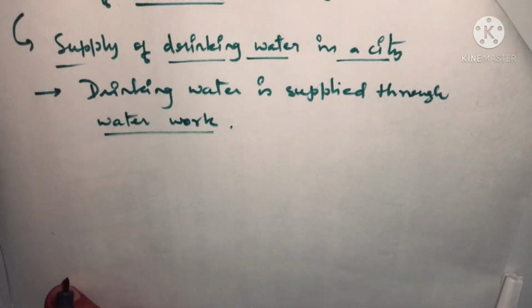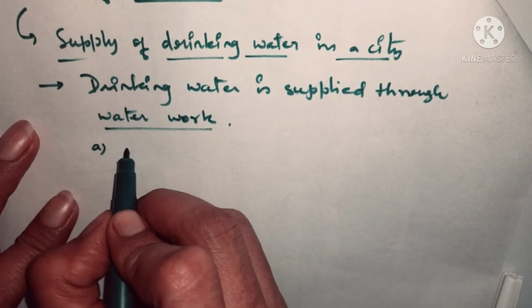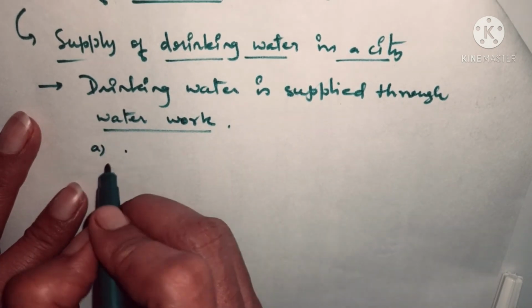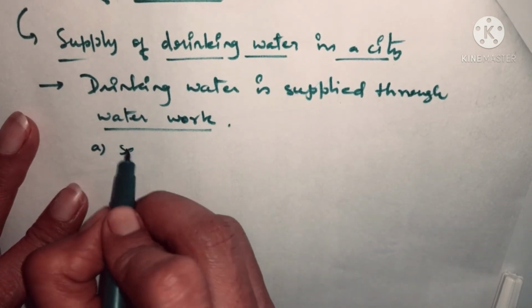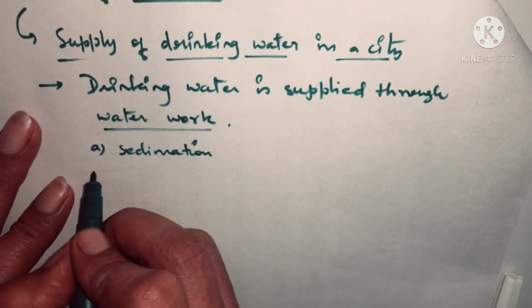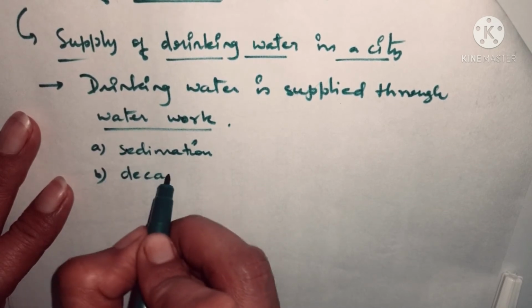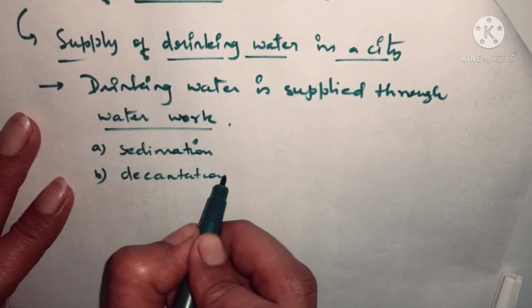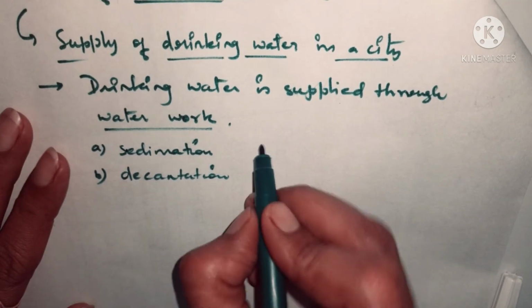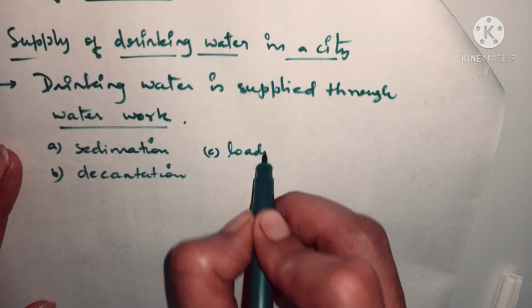Okay, so in this water work, what type of processes are used here? Sedimentation is one of the methods applied here. Then you are going to see decantation. Then loading is one of the methods used here.